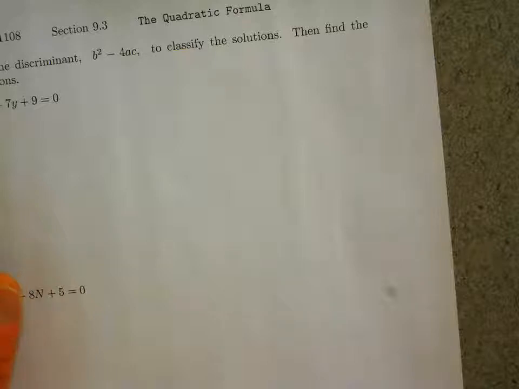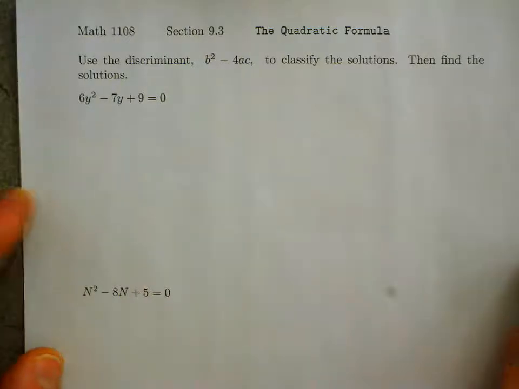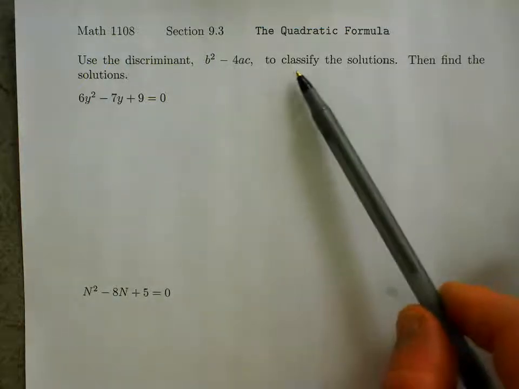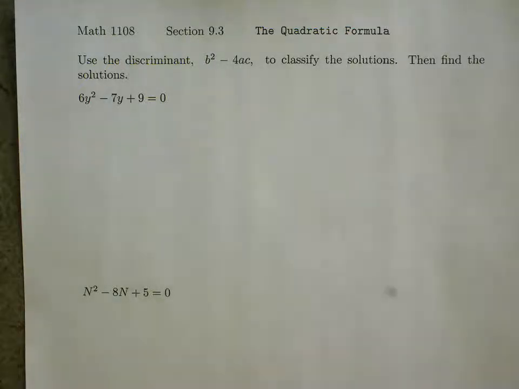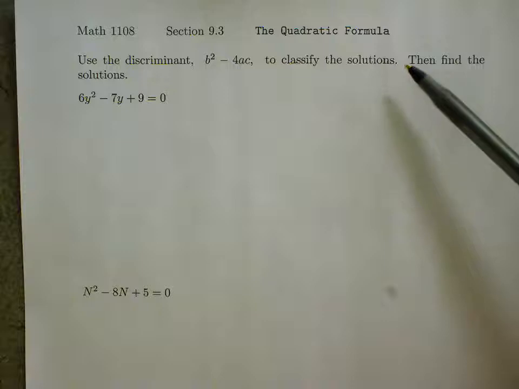Okay, on the next sheet, the directions here: use the discriminant b to the second minus 4ac to classify the solutions. So by classify the solutions, I mean what was pointed out a few minutes ago.